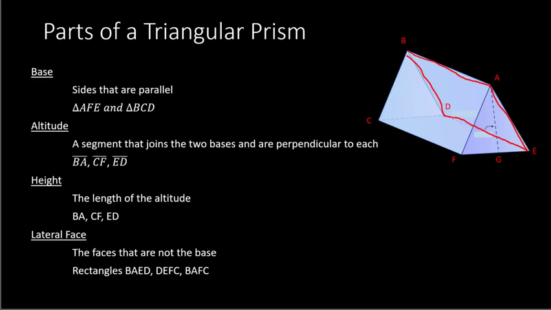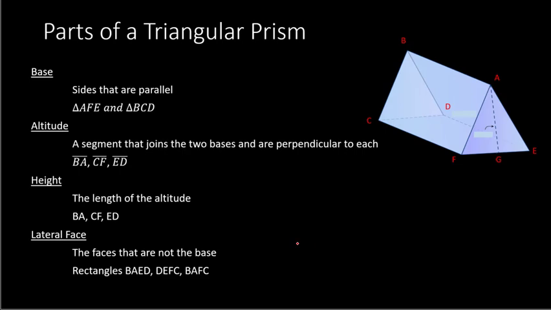That'd be the rectangle on the bottom. And then you have this left side over here, BAFC, which is another rectangle. So those sides that are not the bases would be called the lateral faces. Now those terms are important because we need to understand them as we develop our formulas for finding what's called the lateral area and also the total area of prisms.